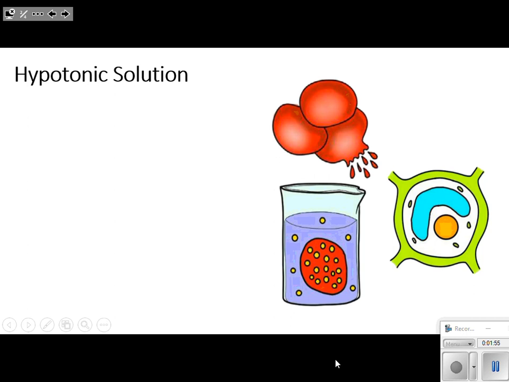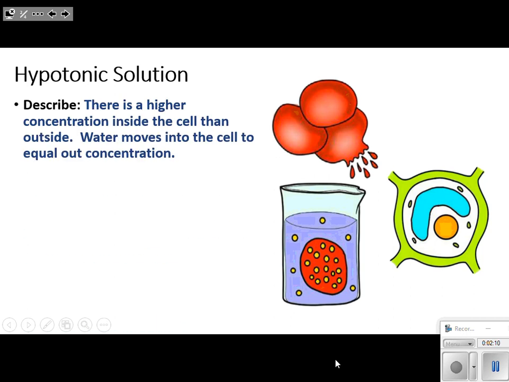Okay? So after we write this down, you're going to color the different parts of the diagram. Now, in our hypotonic solution, there is a higher concentration inside the cell than outside.